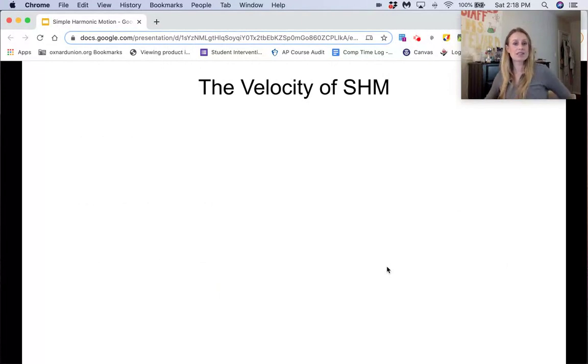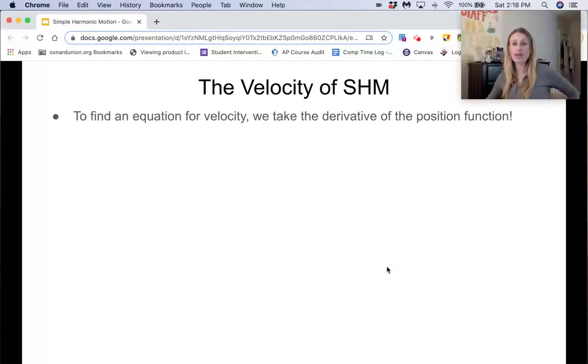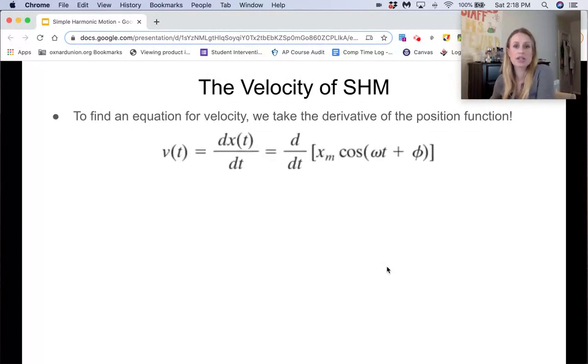So, velocity of simple harmonic motion. We know that if we have the position function, or the displacement as a function of time, we can just take the derivative of that equation to get the velocity equation. So if we take the derivative of this, we have to use the chain rule in this case. So we take the derivative of the inside and then multiply it by the derivative of the outside.